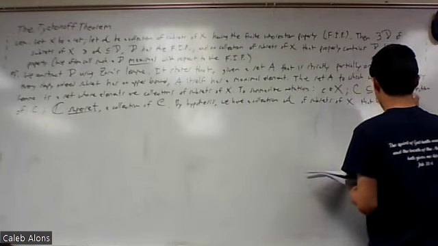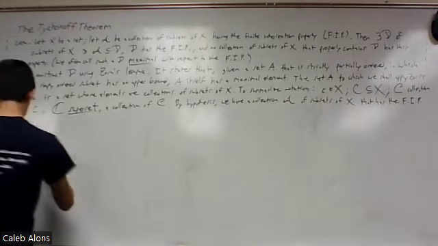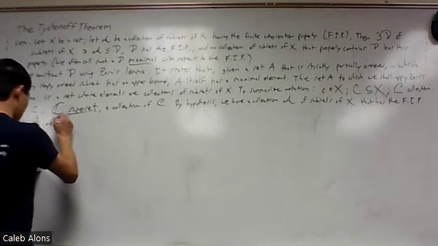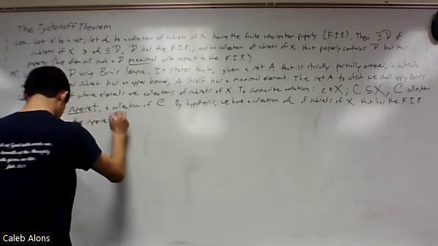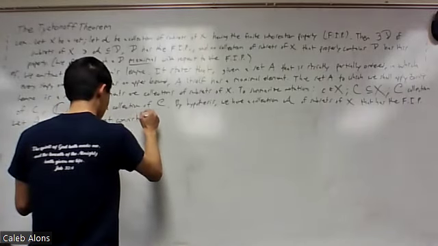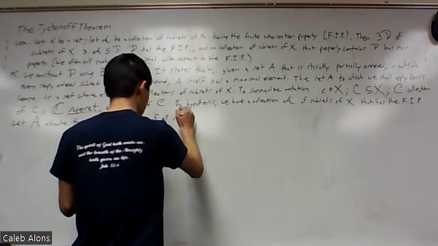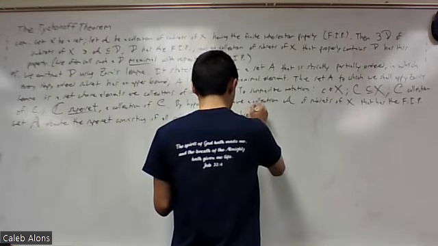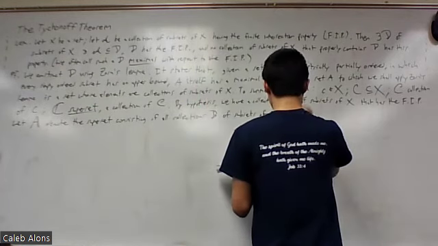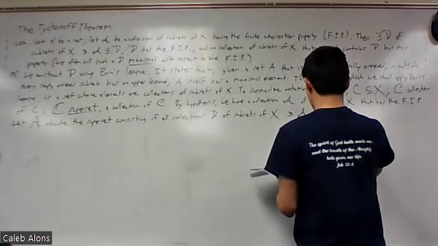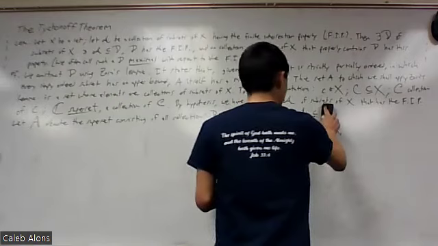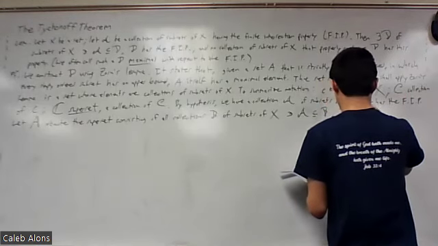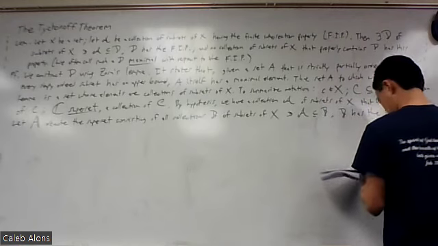Then we'll say this double-scripted A superset will denote the superset consisting of all collections script B of subsets of X such that the collection A is contained in B, where B has the finite intersection property.